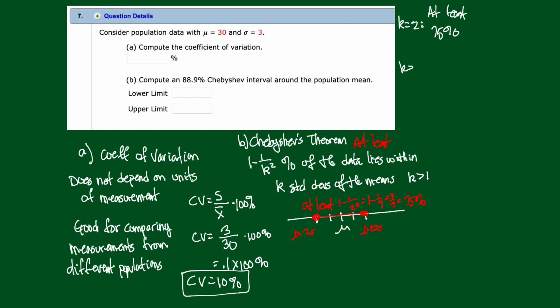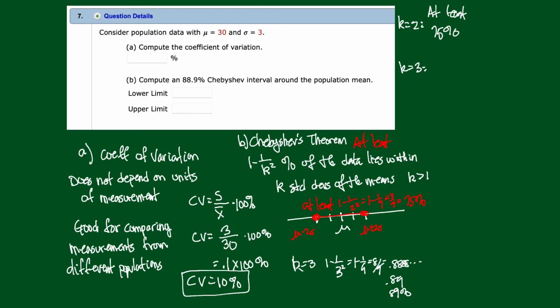If you go out 3 standard deviations, then when k is equal to 3, you get 1 minus 1 over 3 squared, 1 minus 1/9, that's 8/9. That turns out to be 0.8888 and so on. That's about 0.89, so you get at least 89% of all the data.